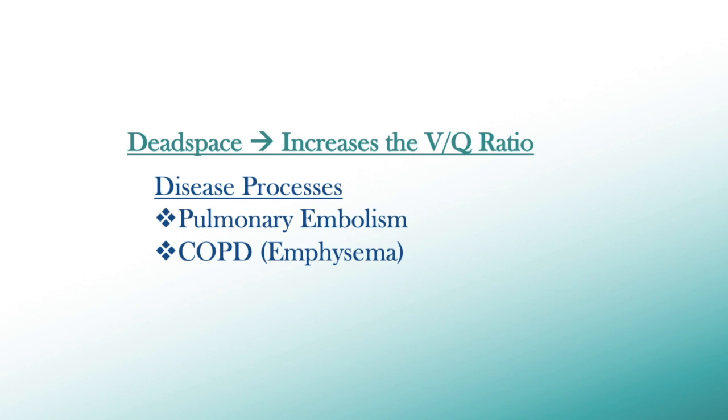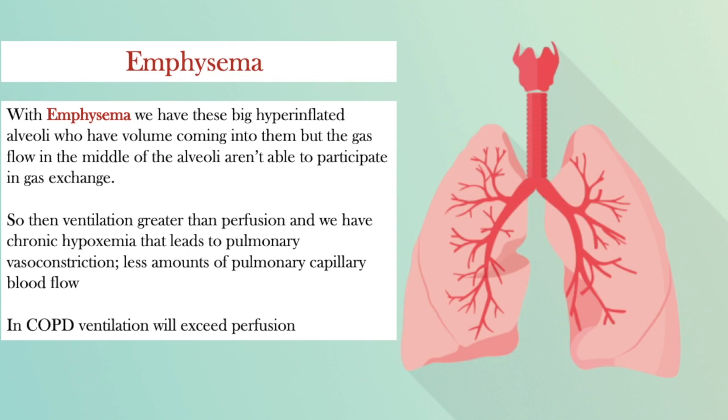Dead space is when there is an increase in the VQ ratio. The disease processes with dead space are pulmonary embolism and COPD, including emphysema. From previous slides that I've mentioned, we already know that emphysema is a dead space issue.